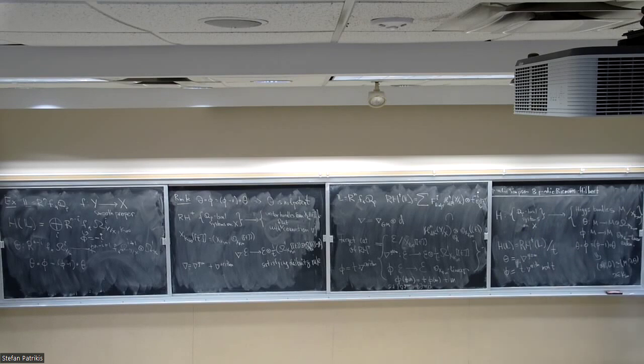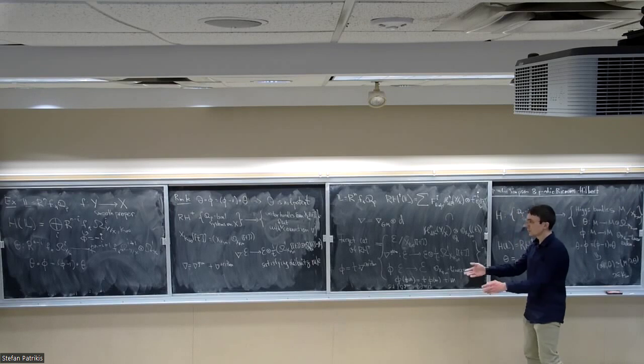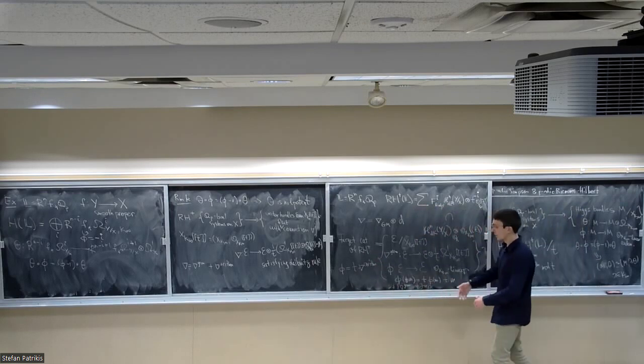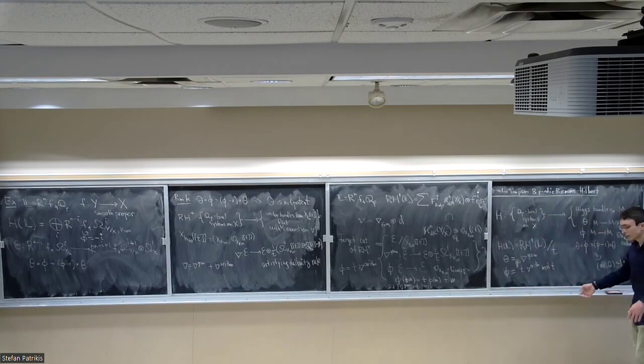I think this functor RH plus, as we saw, really remembers very little. On the category of de Rham representations, it ultimately remembers only as much as de Rham itself with its filtration.